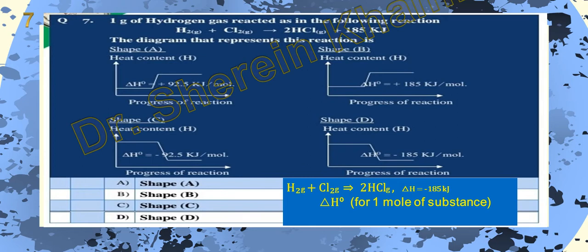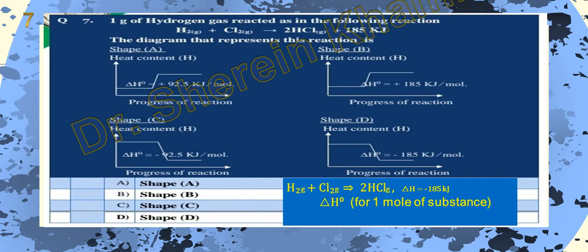Okay, so to get the standard heat content, we have to get the ideal for it. Ideal means that we take 1 mole of the substance, and that will give the standard heat content at 25 degrees Celsius and 1 atmospheric pressure.